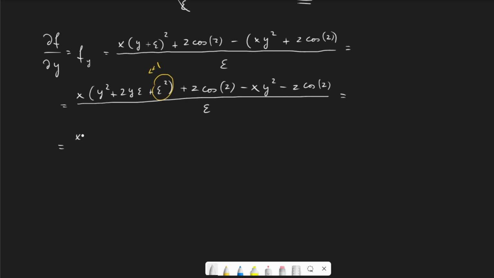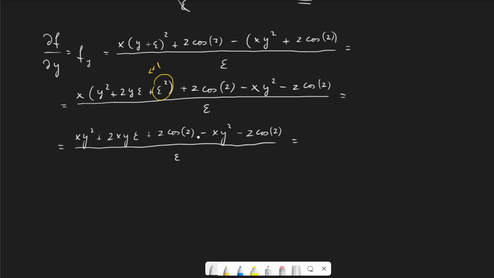So we have xy squared plus 2xy epsilon plus z times cosine z minus xy squared minus z cosine z, divided by epsilon.